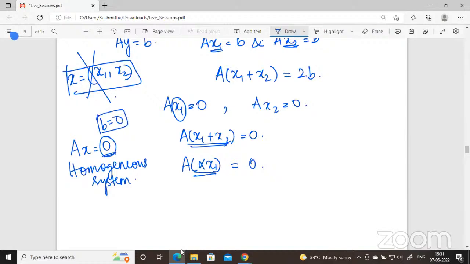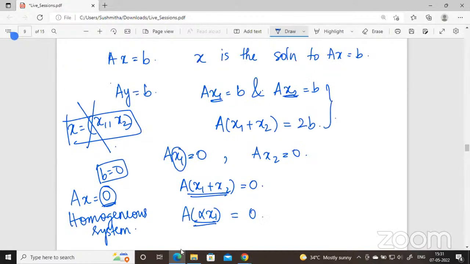Ma'am, how did you assume that x1 and x2 are the same, like over here? You gave some example initially, so I didn't understand. The question was, since there are two solutions, there may be infinitely many solutions.